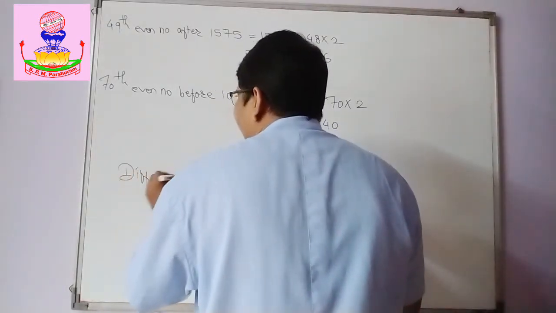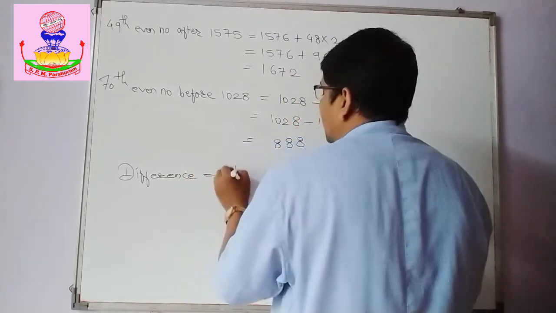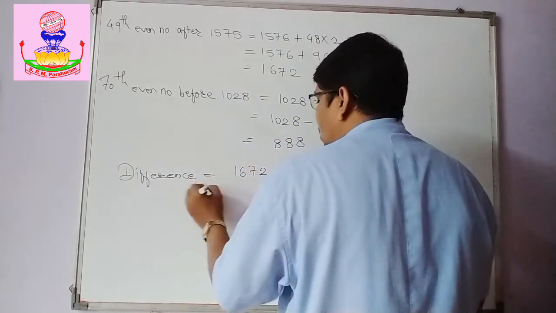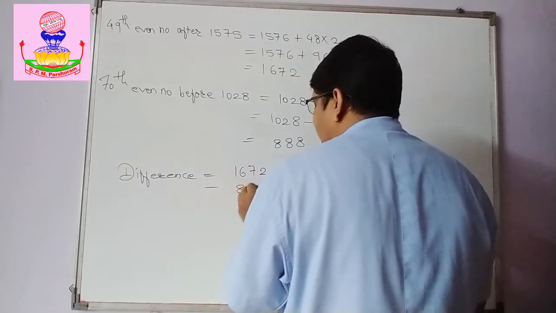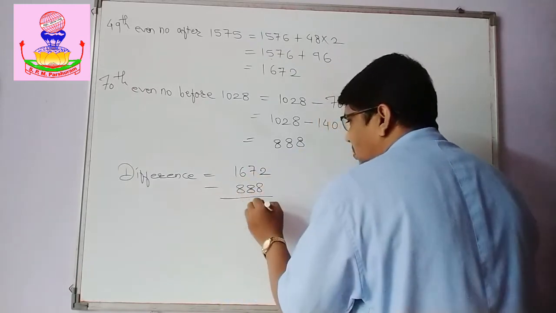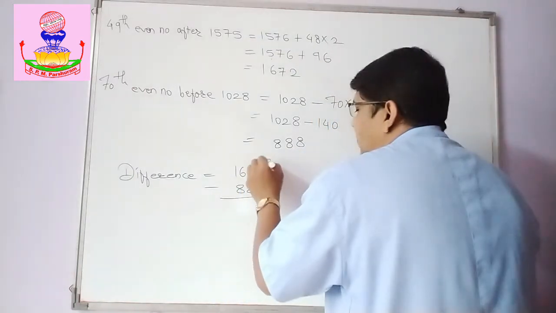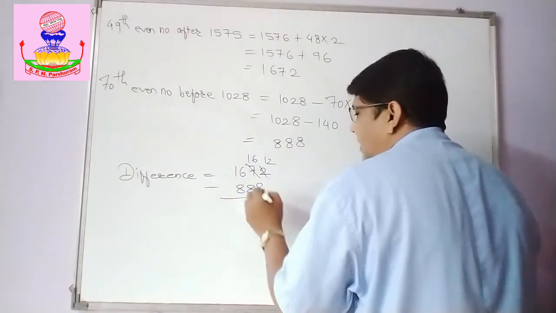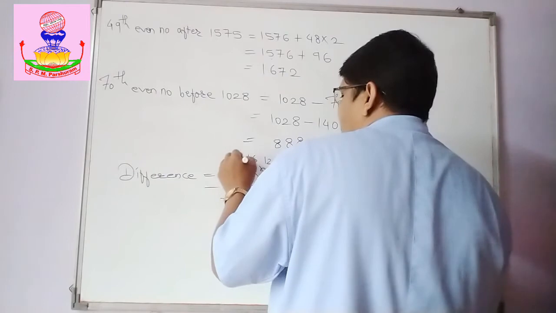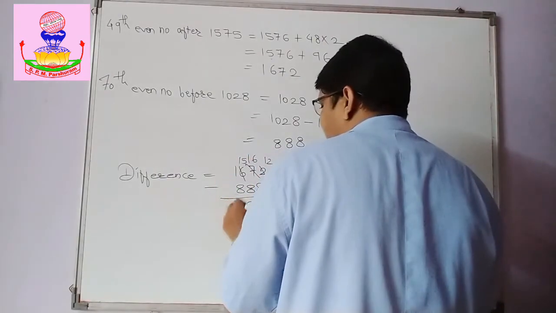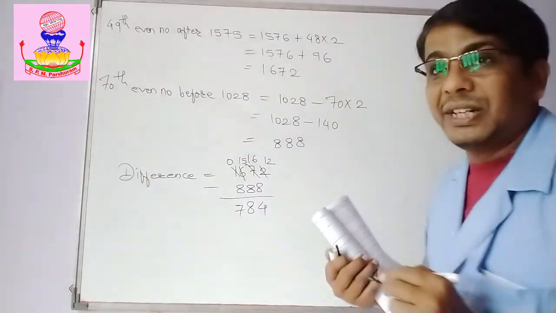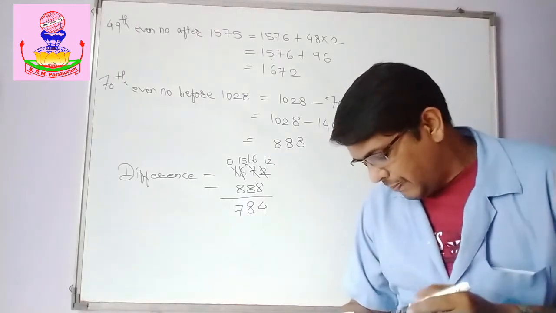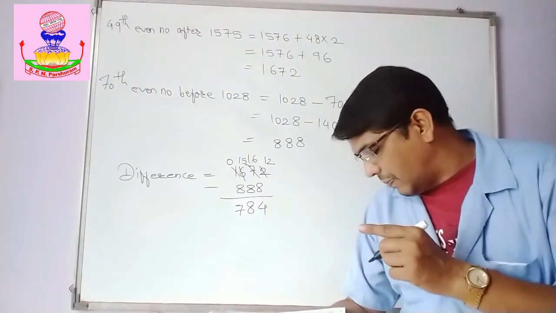Difference between these. So find the difference. Go step by step. The difference is 1672 minus 888. 12 minus 8, 4. 16 minus 8, 8. And this will be 15 minus 8, 7. And this becomes 0. So 784.